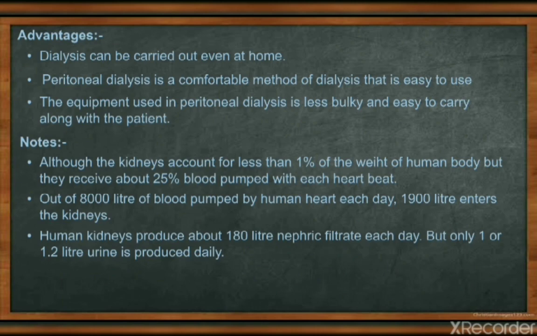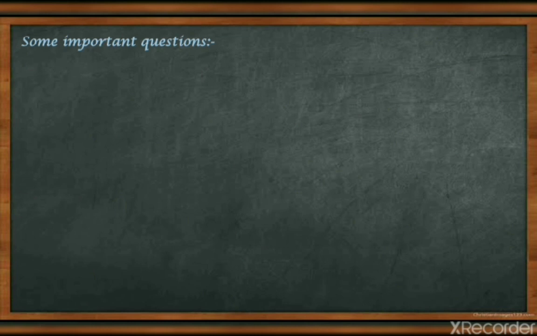Okay. The human kidney produces about 180 liters of nephric filtrate each day, but only 1 to 1.2 liters of urine is produced daily. Okay. Now some important questions, 5 questions that I will give you.